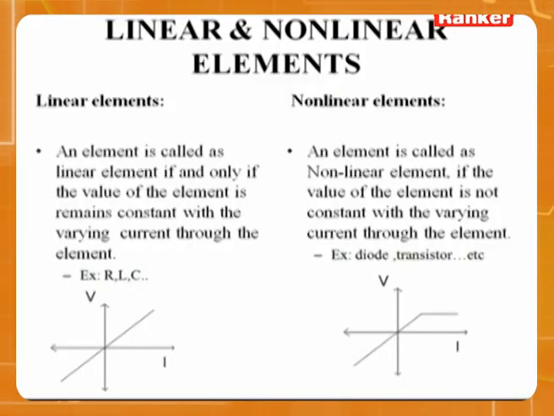That's why I said one word, all electrical elements are linear by nature, but electronic devices are non-linear, and can be put into the condition of linearity also. That's called an amplifier. So this is the meaning of linear and non-linear elements.